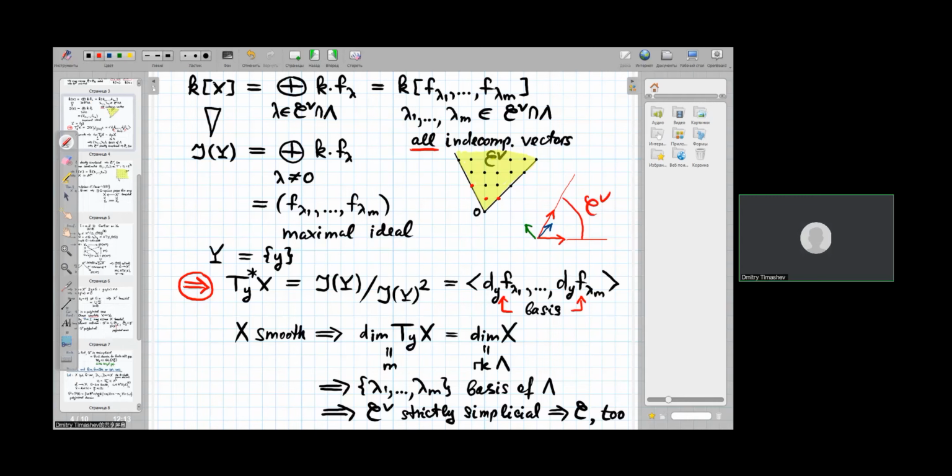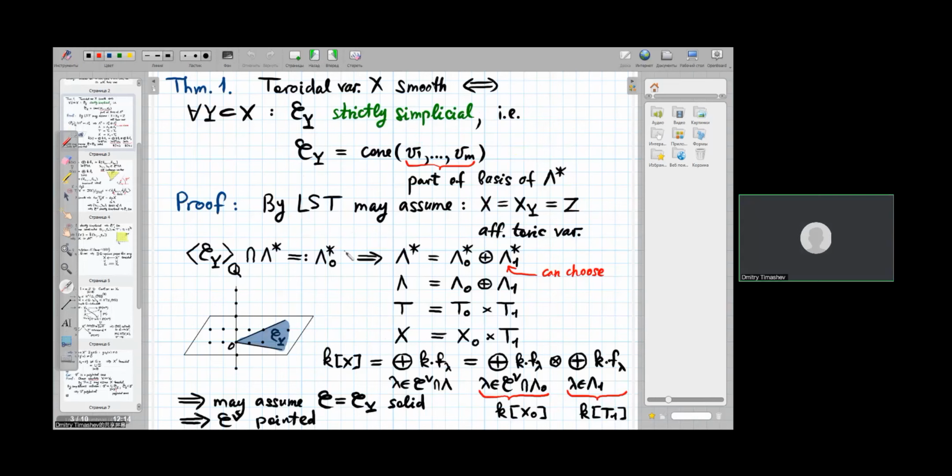Let me say it is both solid and pointed.